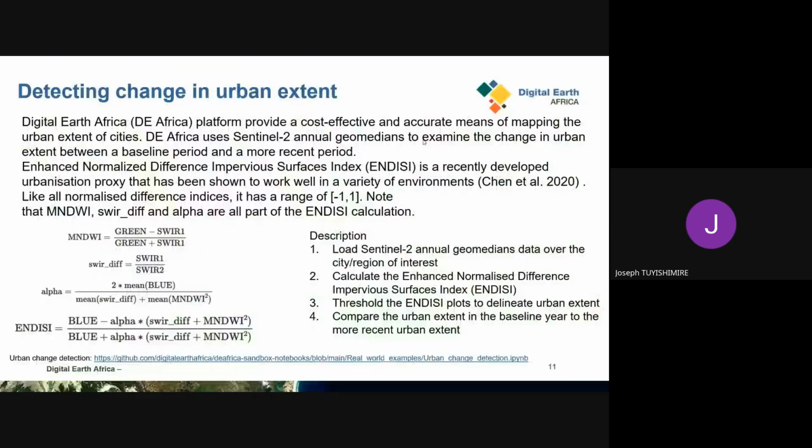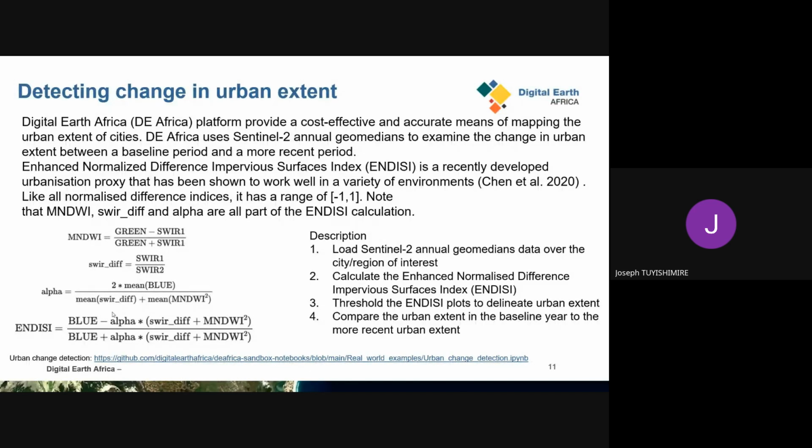But if we go back to our sandbox, we have a way to compute different indices to monitor urban trends. So we can use Sentinel-2 and the ENDISI to monitor urban change and urban dynamics for a given region.